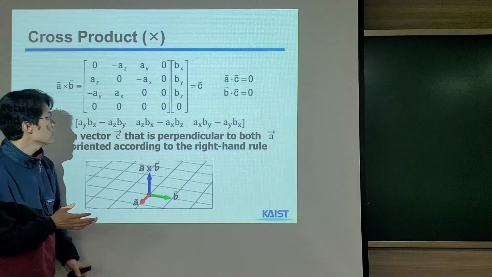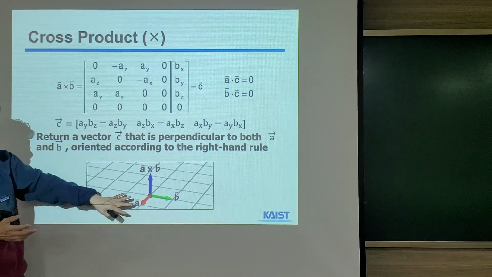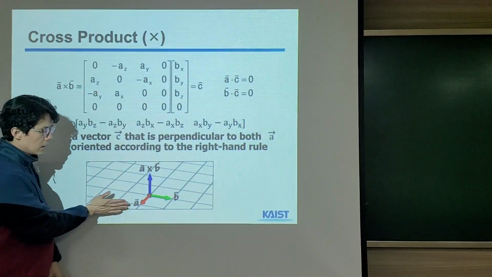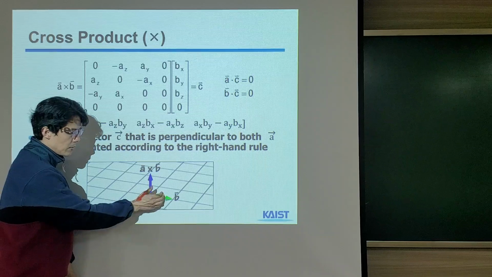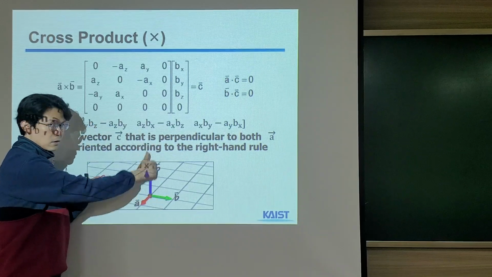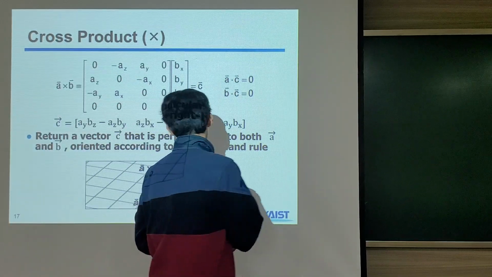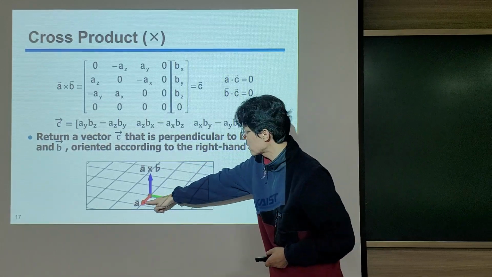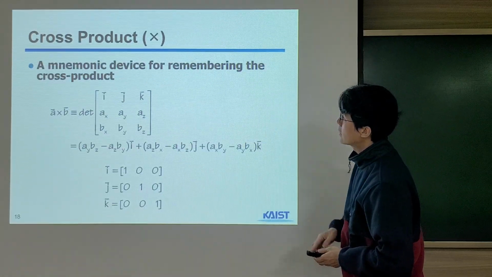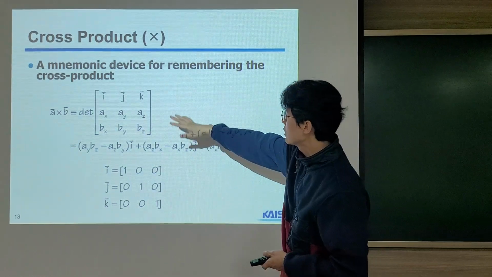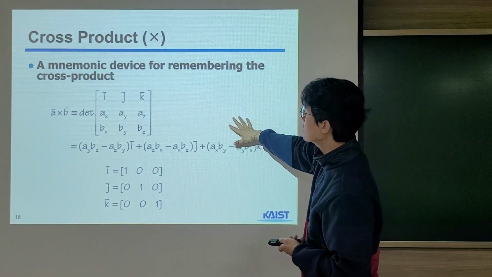If you perform the cross product between A and B, just wrap your fingers around from the A vector to the B vector, and your thumb indicates this C vector, which is perpendicular to the two input vectors A and B. This is another way of saying the same thing.